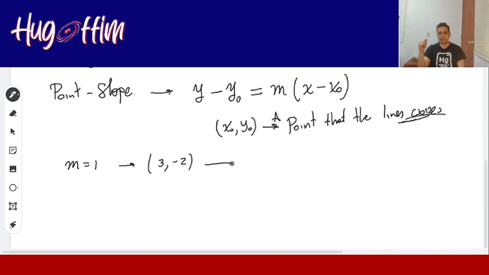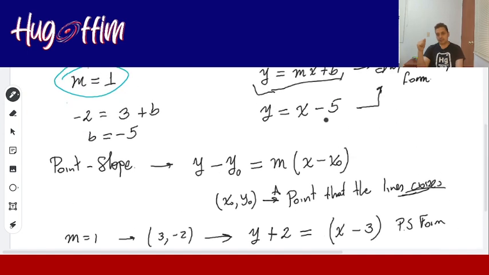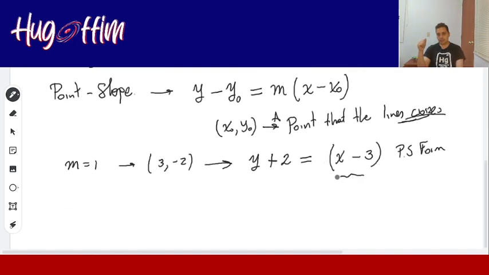So it means that the point slope form is y minus negative 2, so I'm going to change it to positive, equals the gradient that is 1, so I can put 1, but I'm not going to. Remember that when you have 1 multiplied, you don't need to put it. x minus 3. This is the point slope form of this line. This line in point slope form is the same as this line.